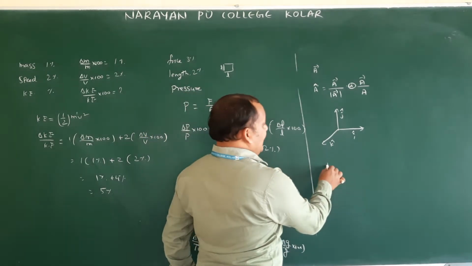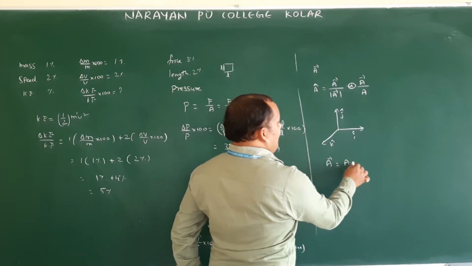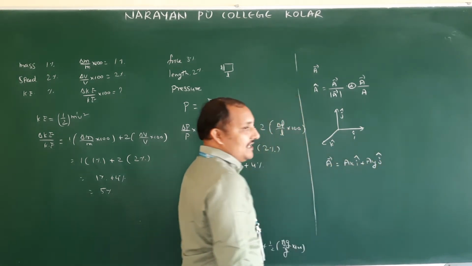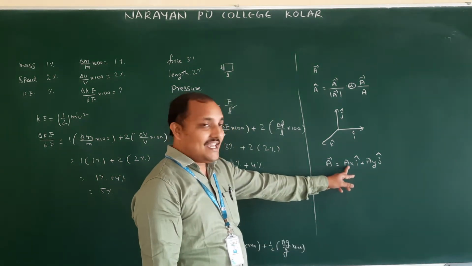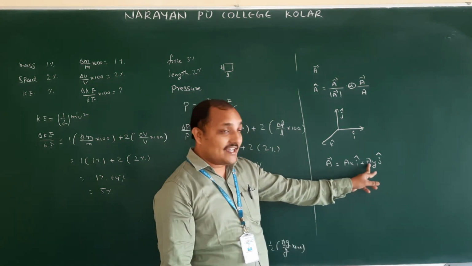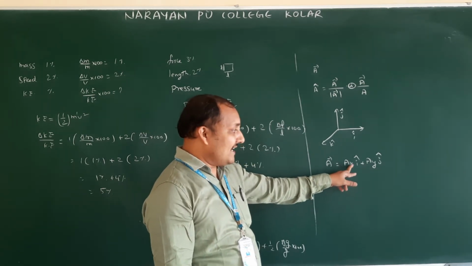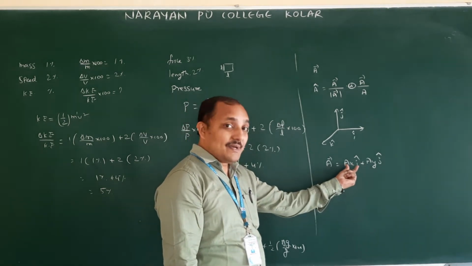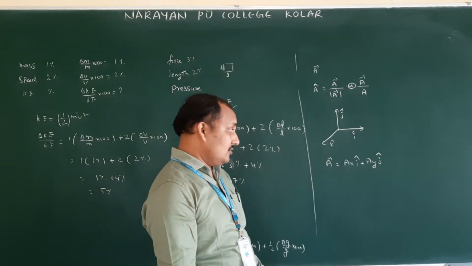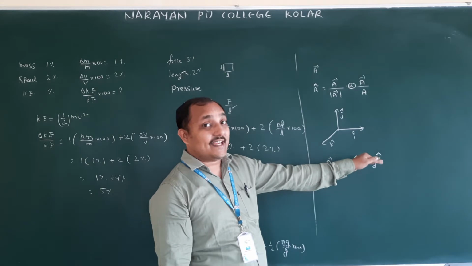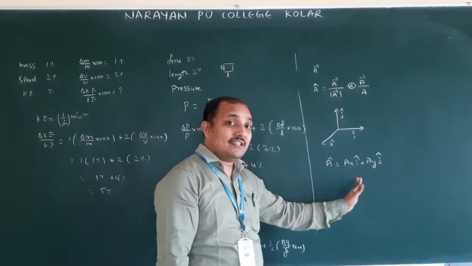So you can write A bar is equal to Ax I cap plus Ay J cap. So Ax I cap means Ax is along x axis, Ay is along y axis. So whenever we are multiplying Ax with I cap, this is going to become vector. Okay, so Ax is representing in the direction of x axis, Ay is representing in the direction of y axis.